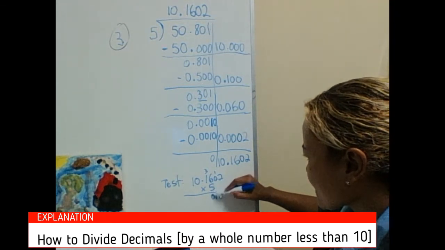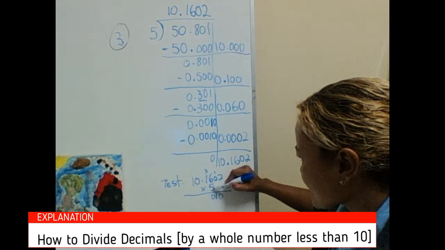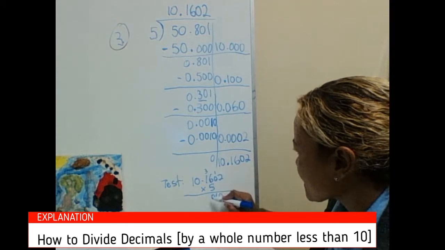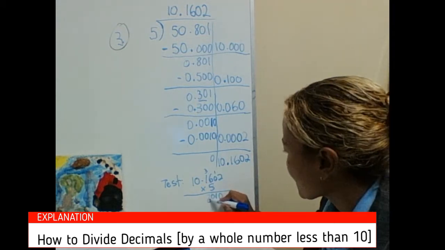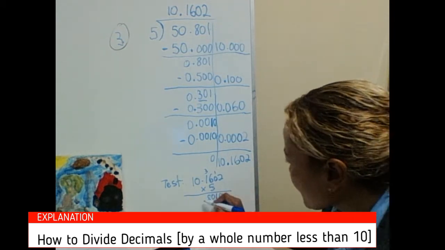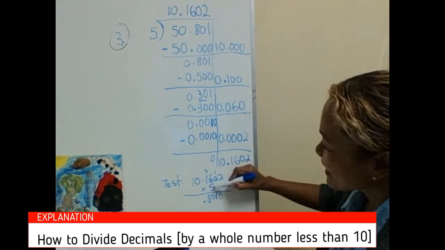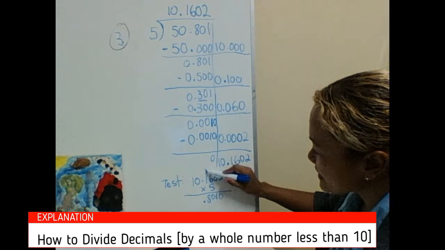6 5s are 30, 0, 5 1s are 5, 6 7 8. All right. Then we get to the decimal point. Sorry, I was just rechecking that. So 5 1s are 5 plus 6, 7, 8.